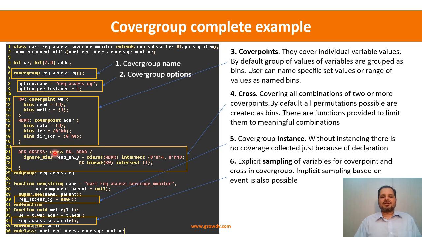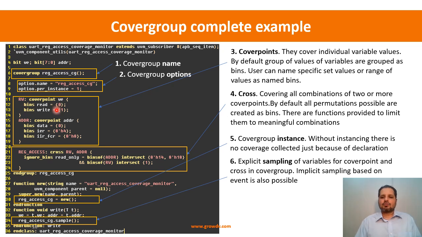So what happens is, in the coverage report, if the WE took the value 1 only and never took the value 0, I will be able to see that a read has never happened. Whenever I call sample, if the value was always 1, the simulator will report that the bin read was not hit.